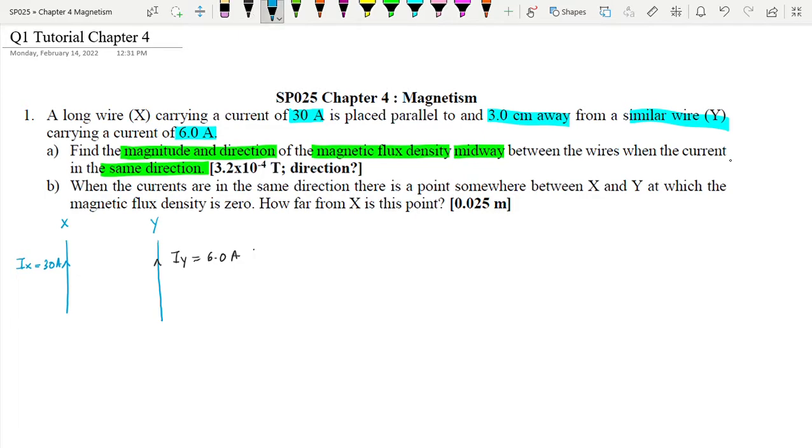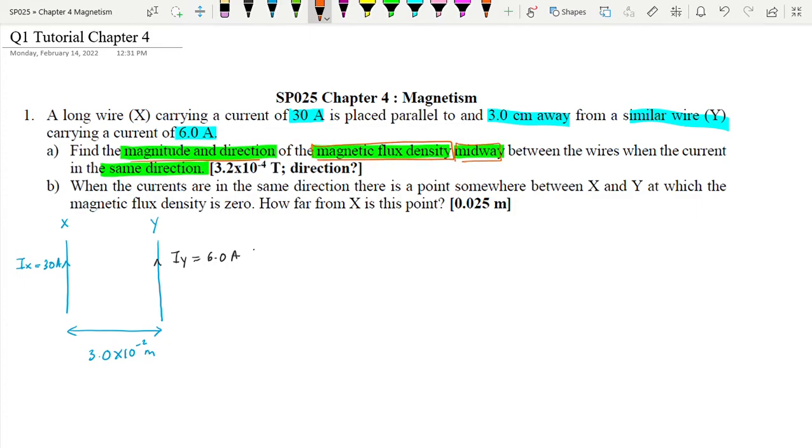The distance between the two wires is 3 centimeter, so we simply convert to meters: 3.0 times 10 to the power of -2 meter.